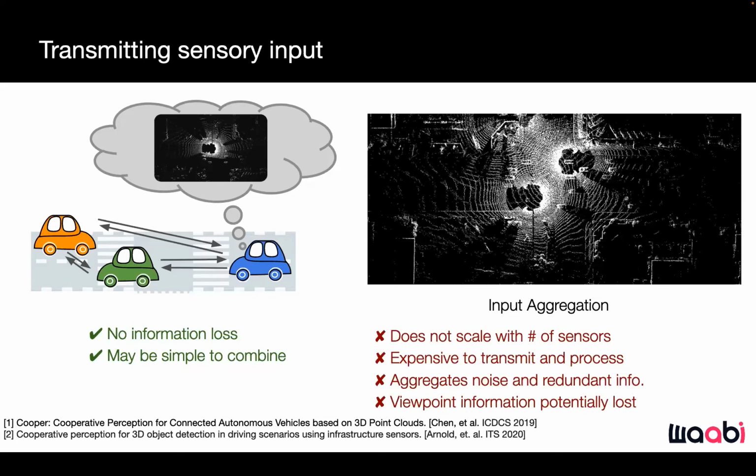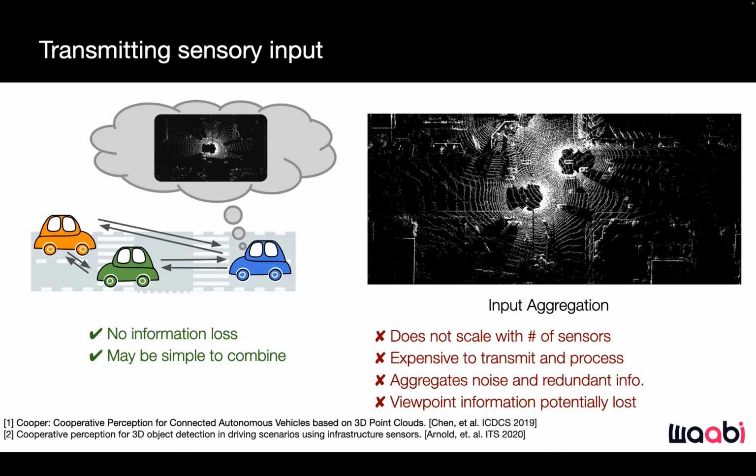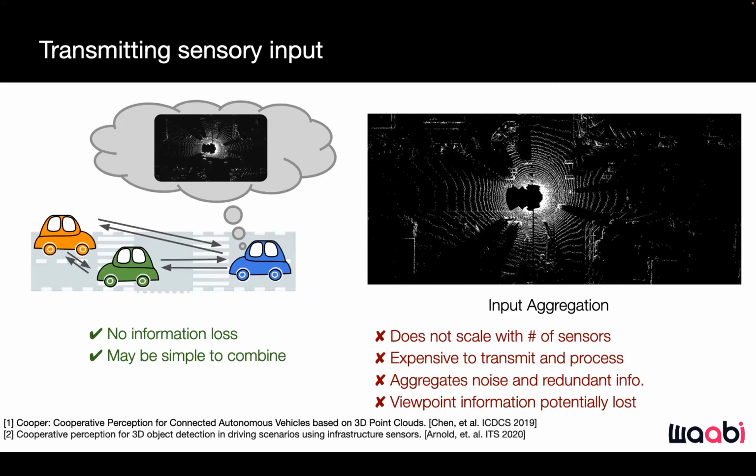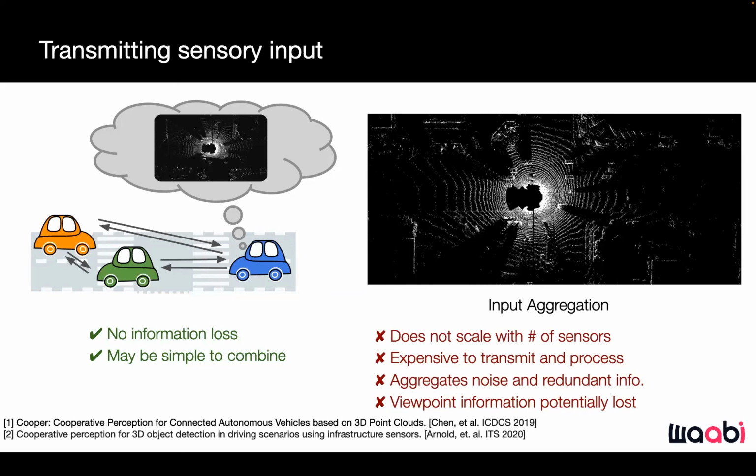And when you simply naively aggregate them, you can aggregate noise and also redundant information about the scene that is maybe not necessary for overlapping fields of view. There might be future works that handle viewpoint-aware aggregation of point clouds or sensor data, but in past works, typically when people aggregate, they lose information about how each vehicle perceived the point cloud or camera data in the first place when you fused. And that might affect how you want to handle that sensor data for performing autonomy.